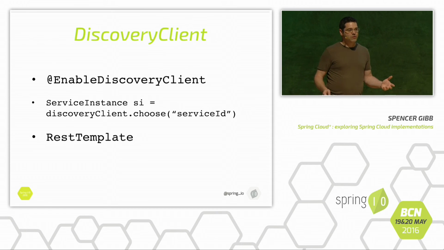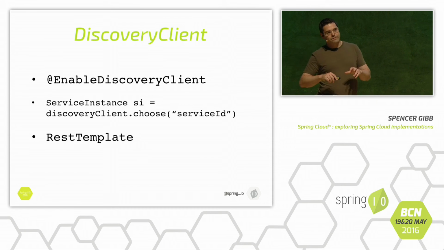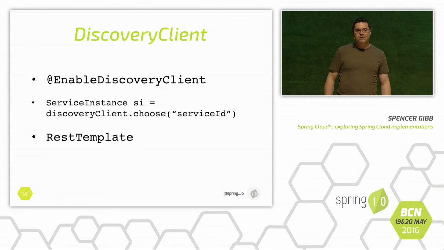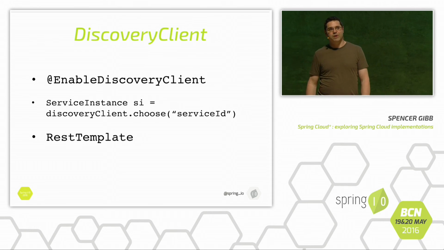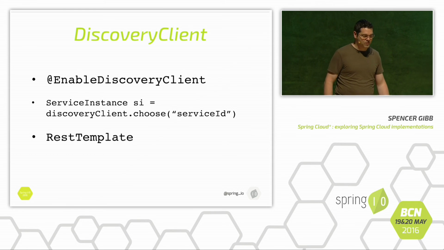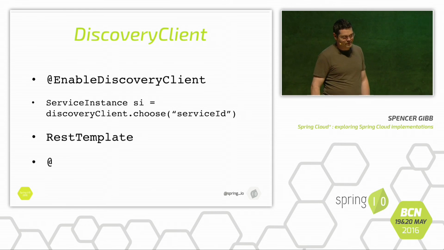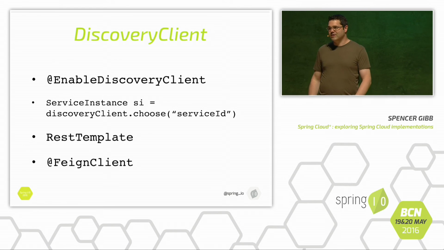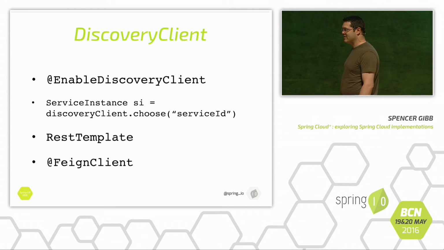We also will instrument or augment a REST template so that instead of supplying a host and port in your URL, you just provide a name, and it will resolve that name for you. And then I think Josh mentioned this, he didn't get to show it, and I don't know if I'll have time either, is Feign.